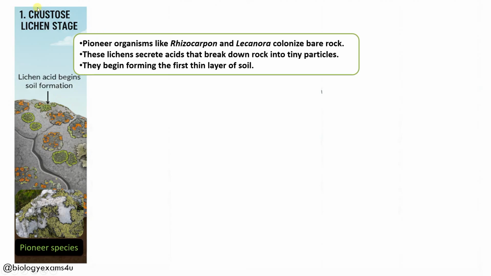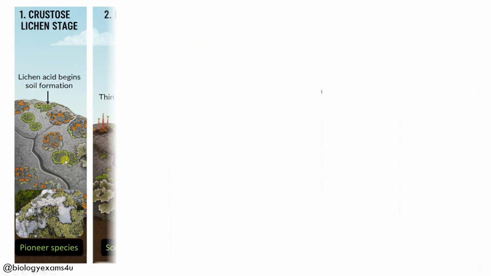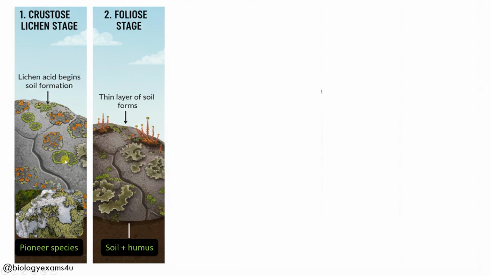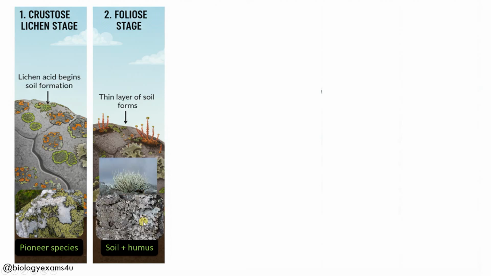So these are crustose lichen that is firmly attached to the substratum or rock. At many points it is firmly attached to the substratum, as you see here. This is followed by foliose lichen or foliose stage. So these lichen, as you see, this lichen is not completely attached to the substratum.